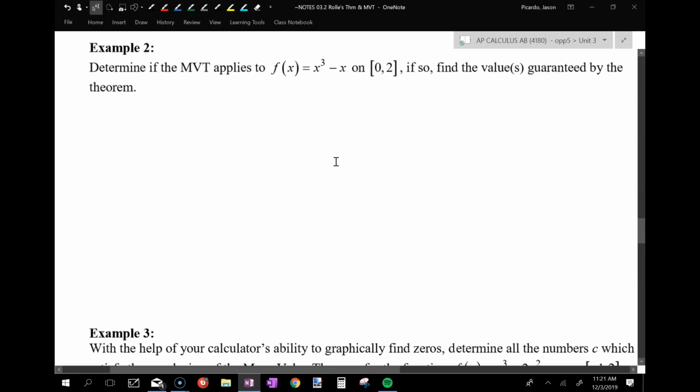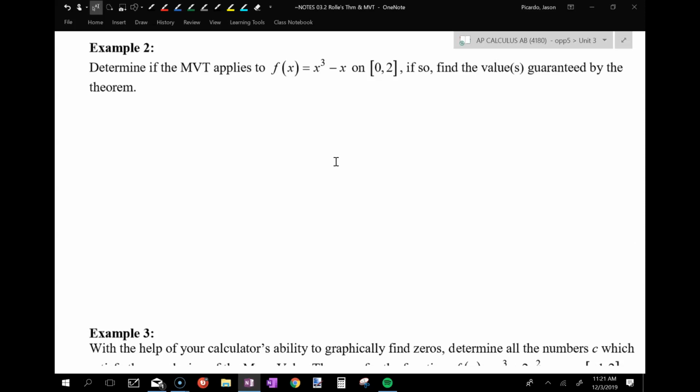Well, does the mean value theorem apply? What do I need to have? A continuous function on a closed interval. Do I have that? Yes. And I need to have a function that is differentiable on that open interval from 0 to 2. Is it differentiable? Of course it is, right? Okay, so it's going to apply, all right?